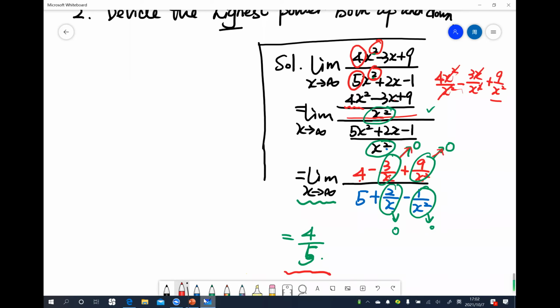You can write the result directly. That must be 4 by 5, no matter which form I write in the following. So this is a small skill here. You can check if you have solved this question correctly.